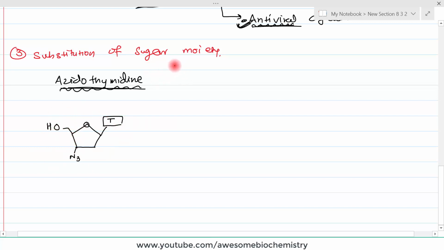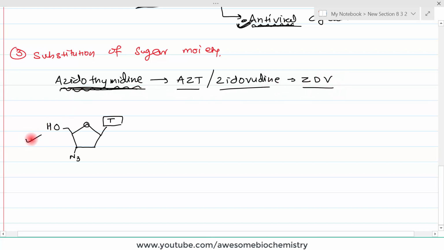This azidothymidine also goes by the name AZT, its short form, or it is also known as zidovudine, and its short form is ZDV. So azidothymidine or AZT or zidovudine or ZDV, all are names of the same compound. What is the use of this?